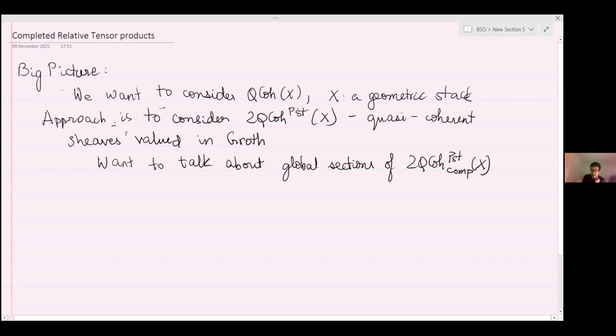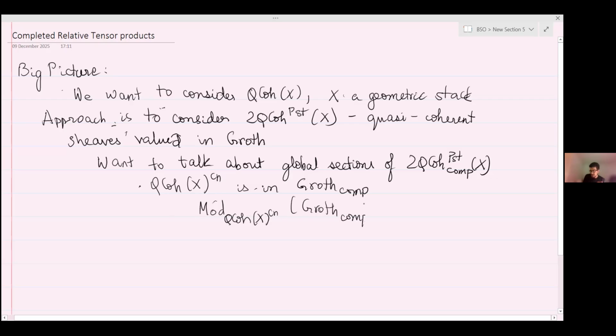One of the examples of such a thing will be, in particular, QCoh(X)^{cn}, the connective part of this, in Groth. When talking about global sections, we want to look at this following category: Mod of QCoh(X)^{cn} in Groth.